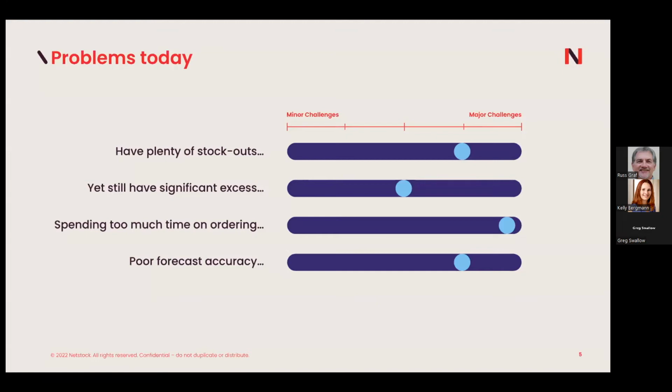Products that you thought were going to sell or move at a certain rate at a certain time, that's not the case because of everything that's going on in supply chains. So you may have stockouts at the same time you have excess inventory elsewhere, maybe in other locations or other product lines in your organization. So there's a balancing act there that has gotten much tougher for you to manage.